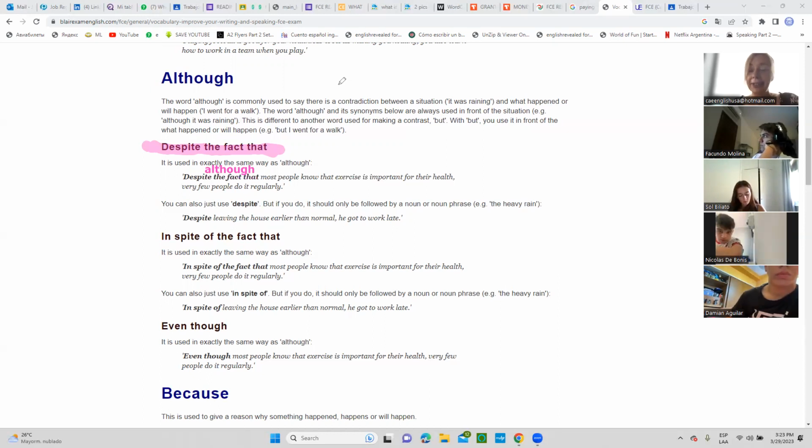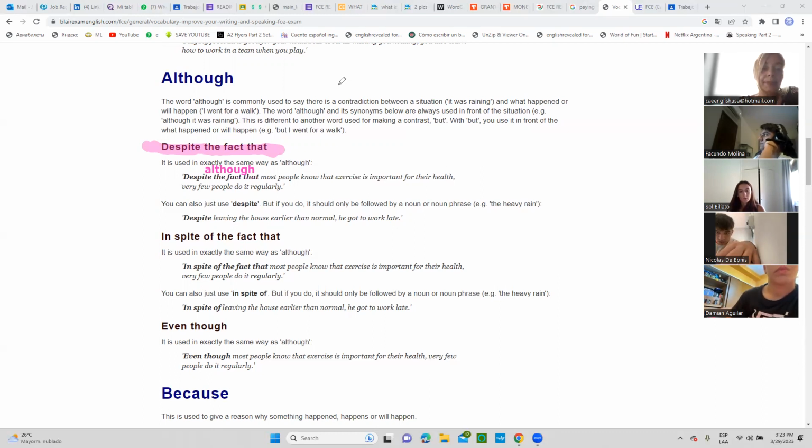But of course, for an essay, despite the fact that is great if you have enough words. Now, if you wrote like 205 words, then maybe not. But if you have enough room with your word count, then despite the fact that is a good alternative to although.